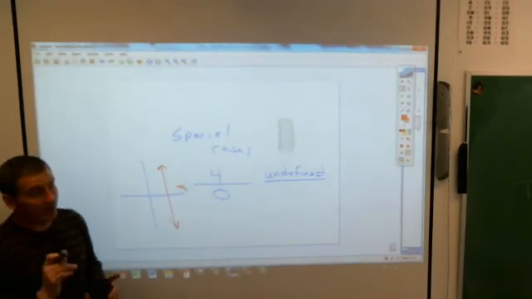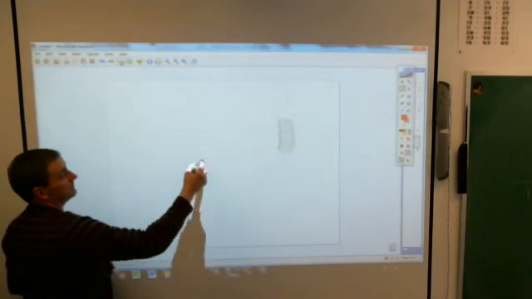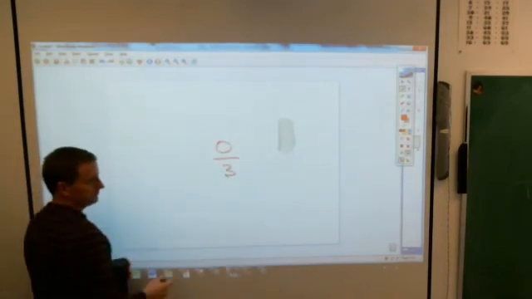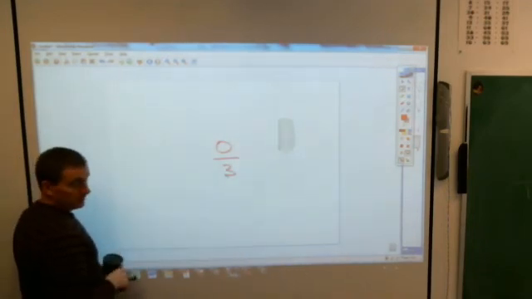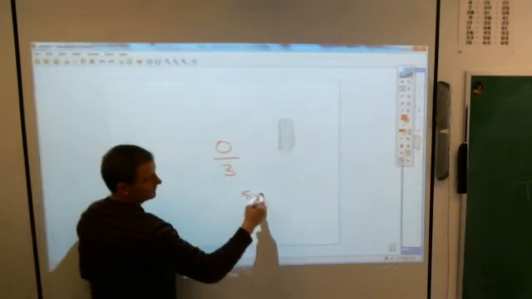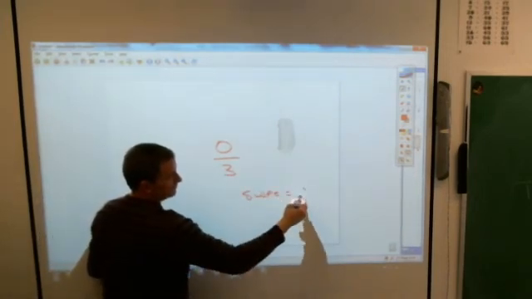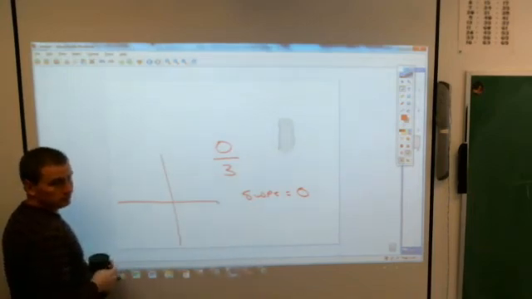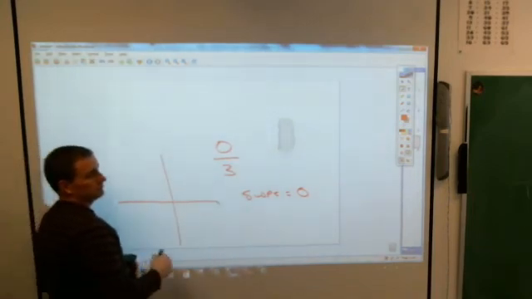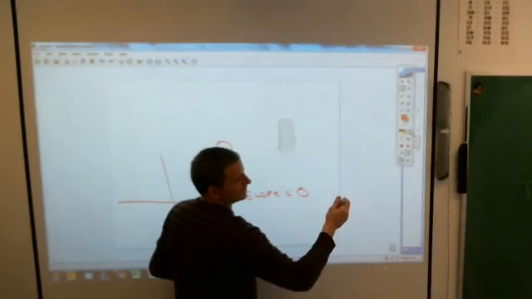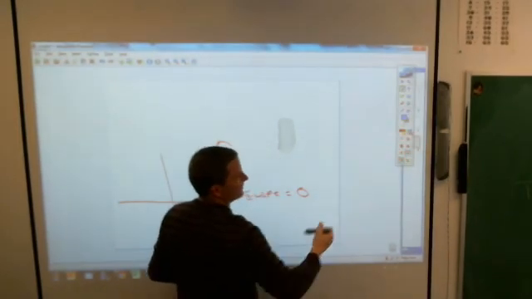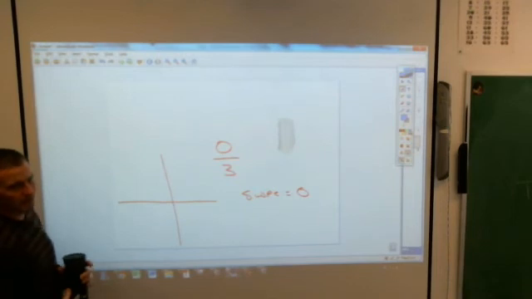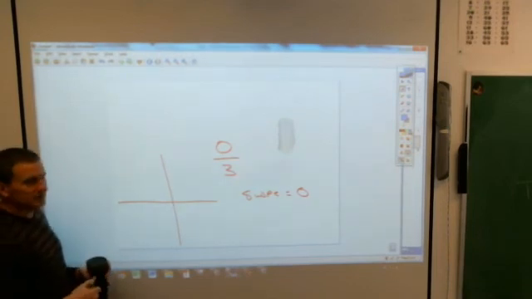If you get a 0 on top, let's say you get 0 over 3, what would the slope be? Somebody? Slope is 0. You can have a 0 slope. What type of a line is 0 slope? Well, by using deduction there, if 0 on the bottom was a vertical line, 0 on top probably is going to be, Brianna?